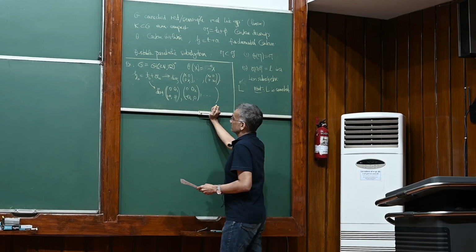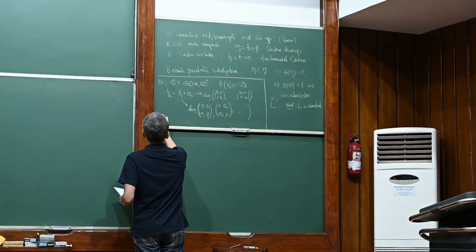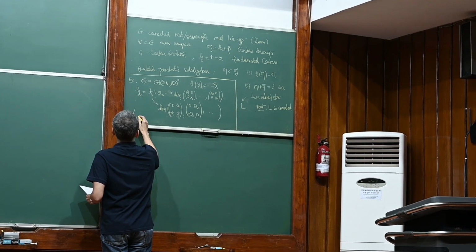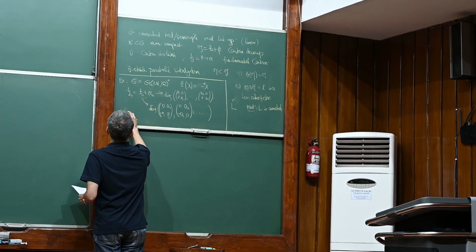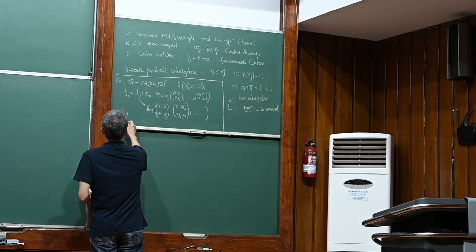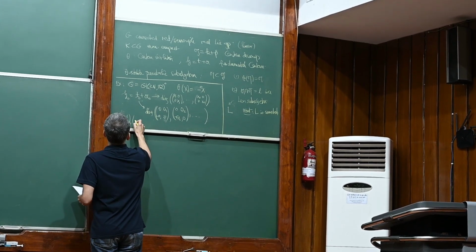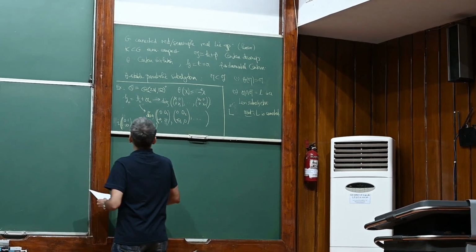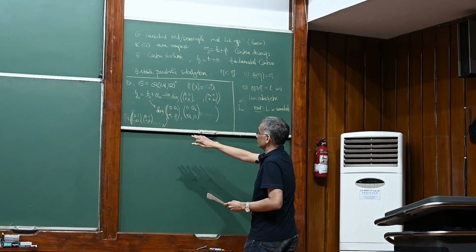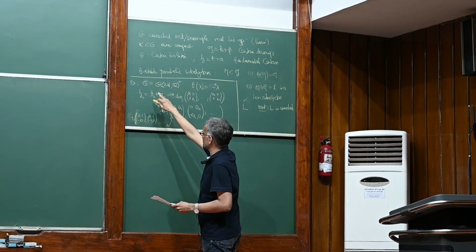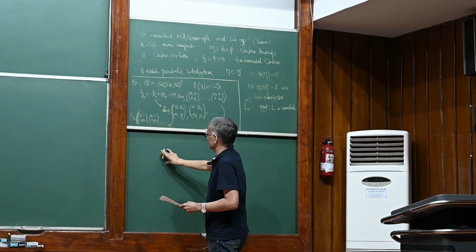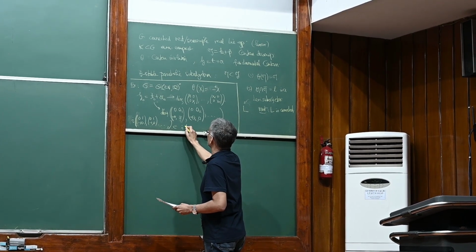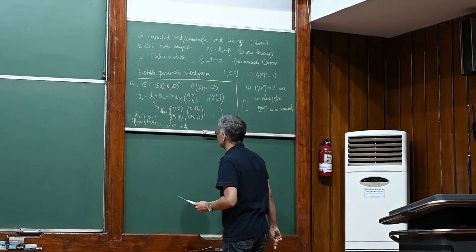Inside this, there is a natural element: I take i times the 2n by 2n matrix with blocks 0, 1, minus 1, 0. So this belongs to i times t naught in this picture.